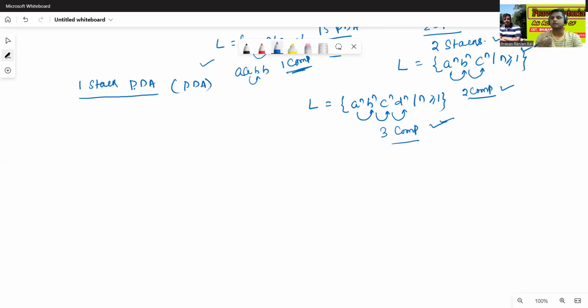Here the transition function is Q × (Σ ∪ ε) × Γ → Q × Γ*. In the left part, there is one stack, and in the right part, one stack is there.